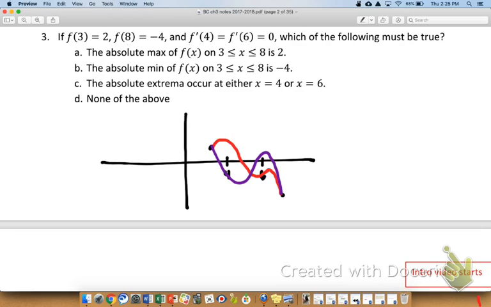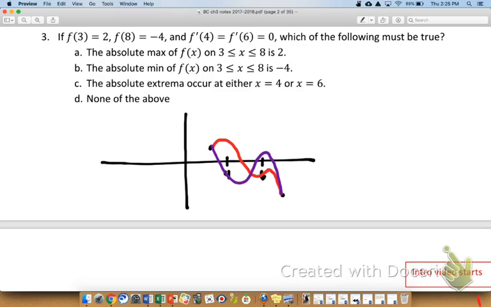That's perfectly reasonable. Based on something like that, the absolute max is 2. Haven't we proven that it doesn't have to be that? Doesn't the red graph disprove that? Okay, the absolute min is negative 4. I don't think we've disproven that, but I think we could.